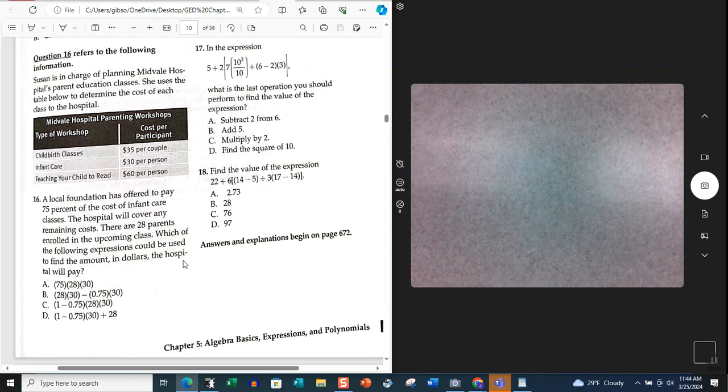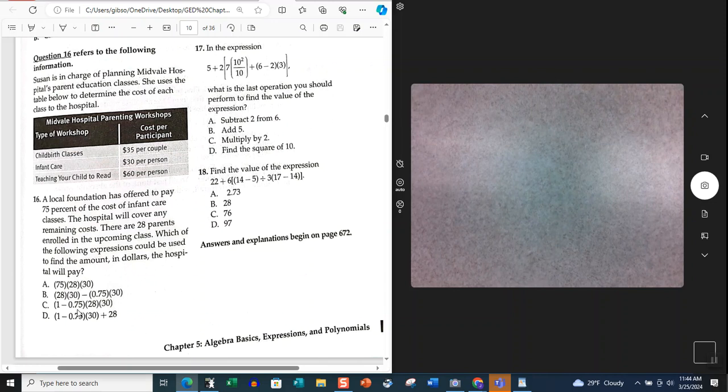So here's the thing. This company would pay 75%, so the hospital would pay the remainder. So we would have to take 1 minus 0.75, because remember, if the company agreed to pay all of it, it'd be 100%. But they're doing 75%.